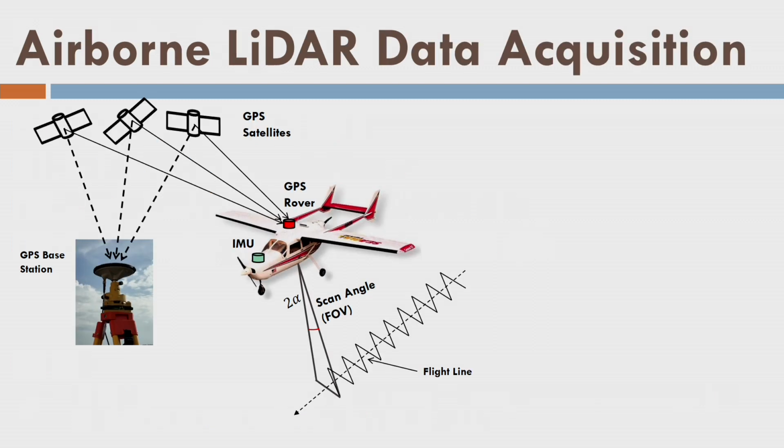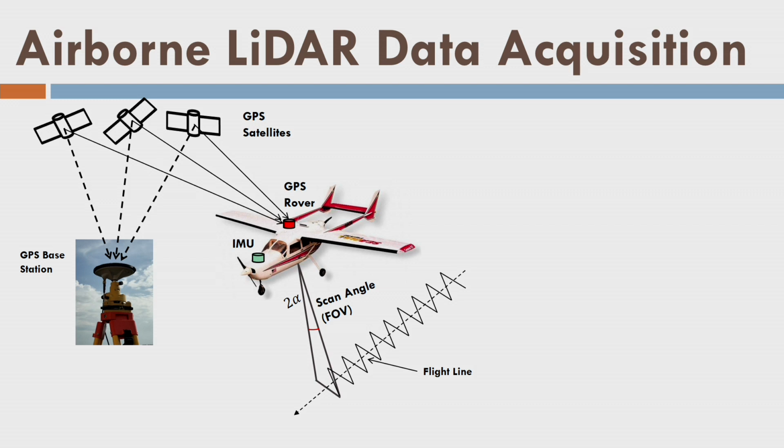Now this is a typical example of airborne LiDAR data acquisition. I would like to specify that we are first going for airborne LiDAR data acquisition, and we will see why later in this lecture. In this slide, a typical example of airborne LiDAR data acquisition is shown.